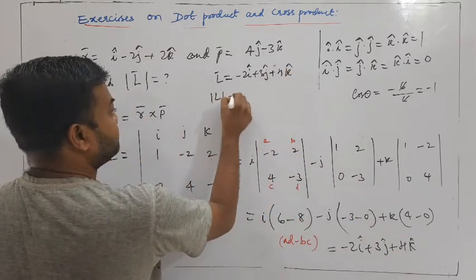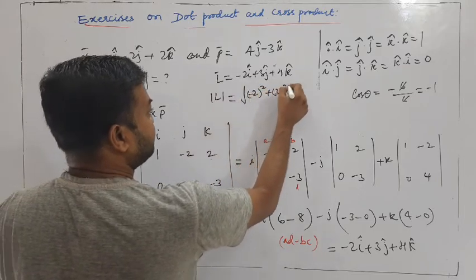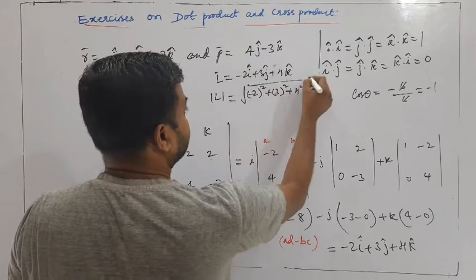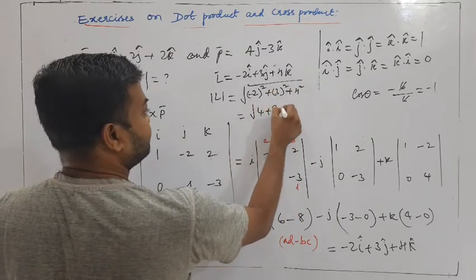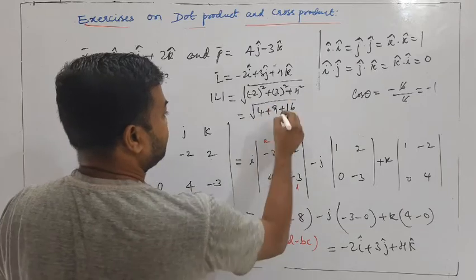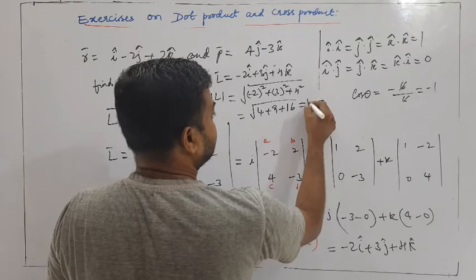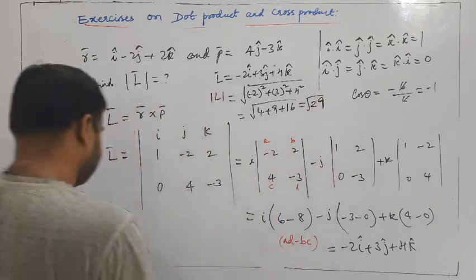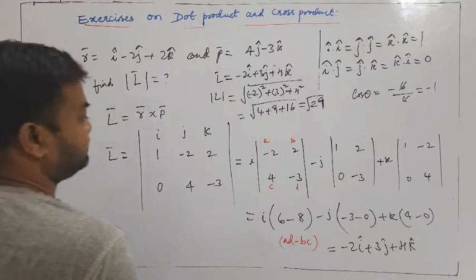Modulus of L means root of (-2) square plus 3 square plus 4 square. What is the value? (-2) square means 4, plus 9, plus 16. How much is the value? 29, root 29. This is the value of L. L is root 29.